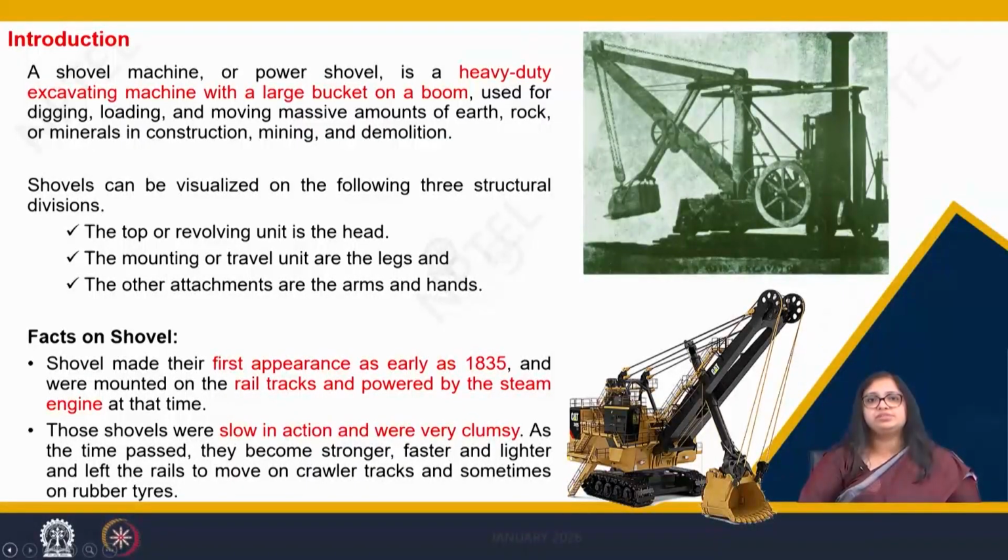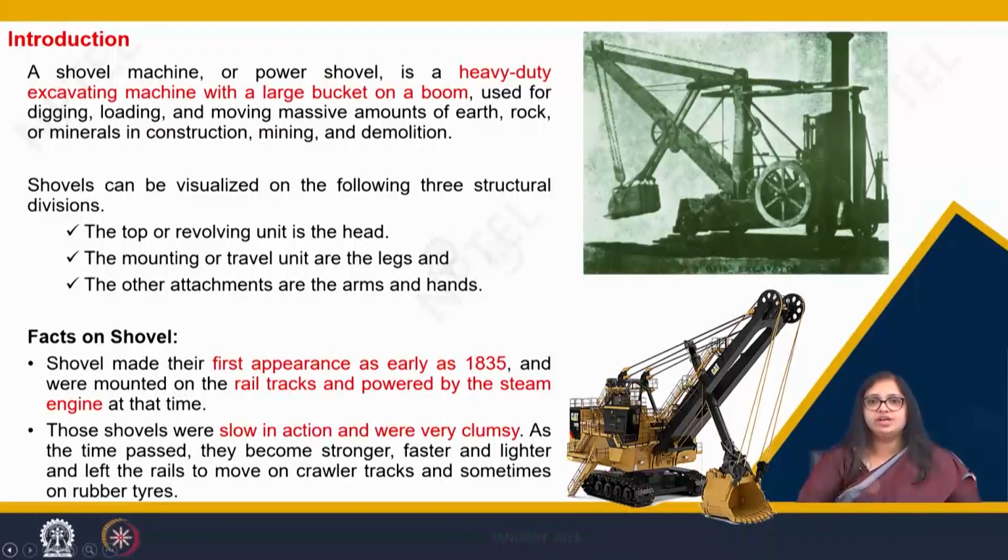It helps in excavating the earth, like digging, loading or moving massive amounts of earth, rock or mineral, while in construction, mining or demolition, this kind of excavator is being used.